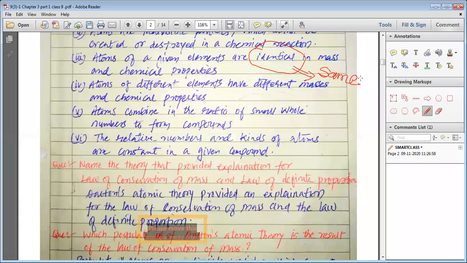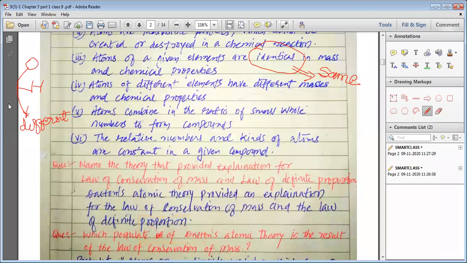Fourth point, atoms of different elements have different masses and different chemical properties. That means if you take the atom of oxygen and the atom of hydrogen, both atoms have different mass and different properties.